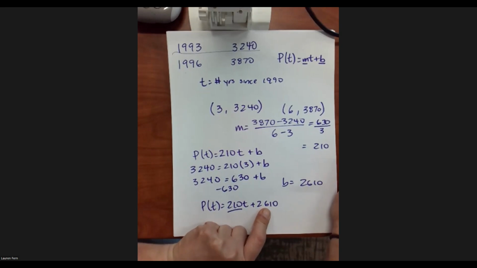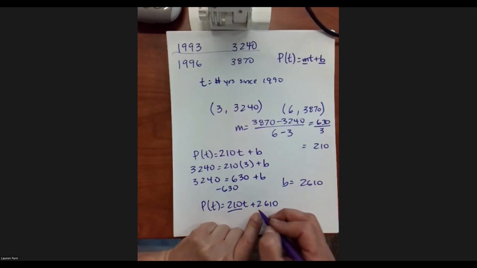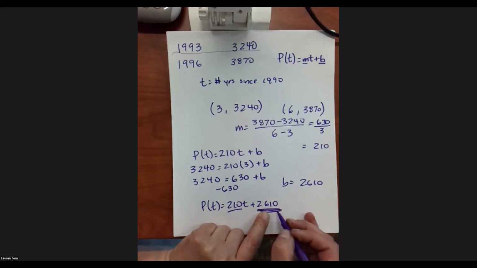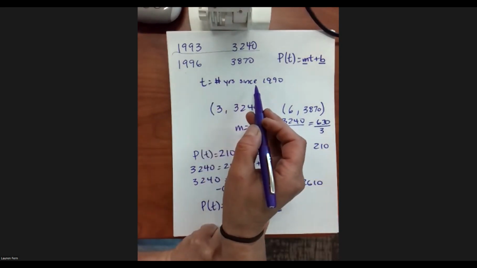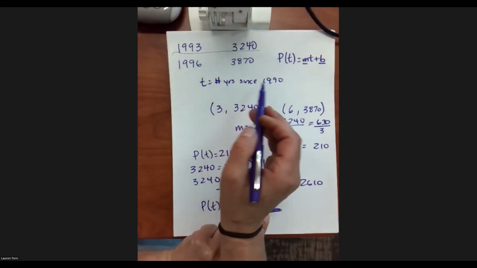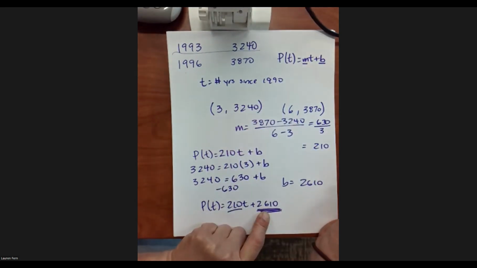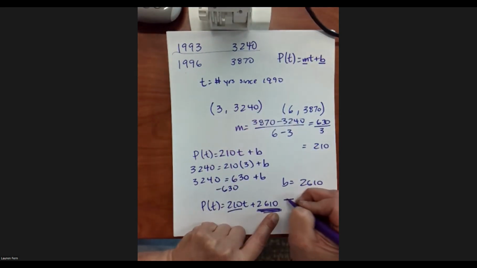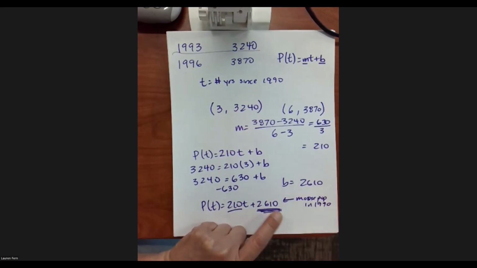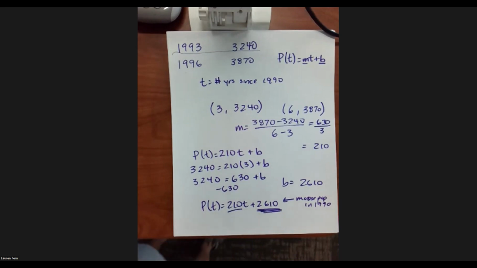What is this 2,610? Beautiful. Isn't this my population when t equals 0? And when t equals 0, we're talking about 1990. So this is our moose population in the year 1990. Not that we were asked, but I think interpreting these things is really important.